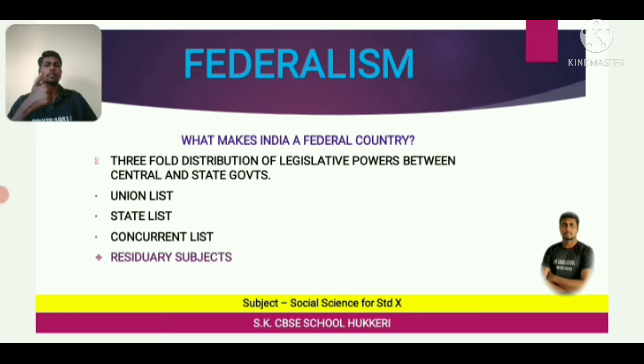For example, police, trade, commerce, agriculture, and irrigation. Police, trade, commerce, agriculture, as well as irrigation. All these important matters are there in the state list.